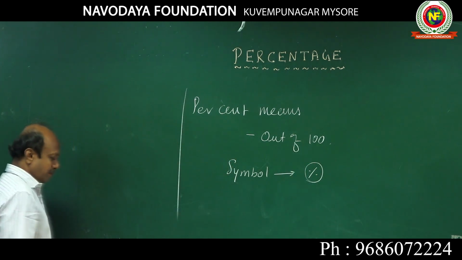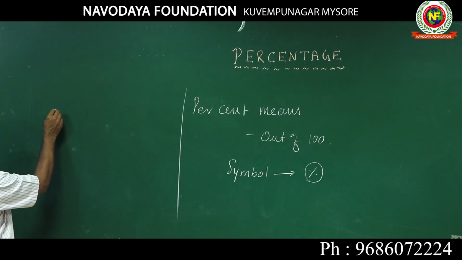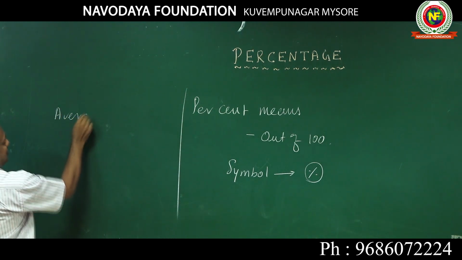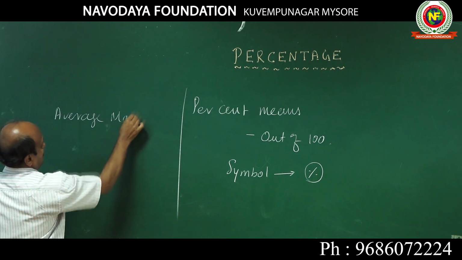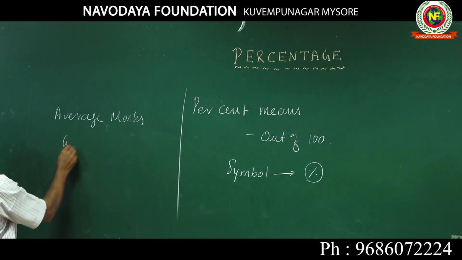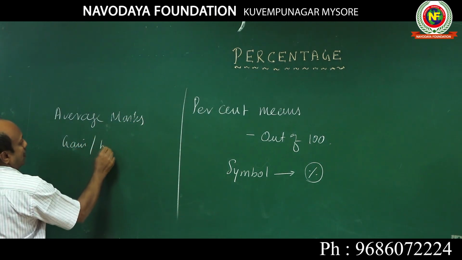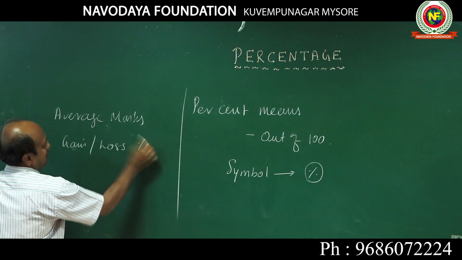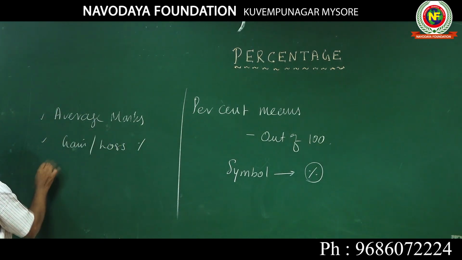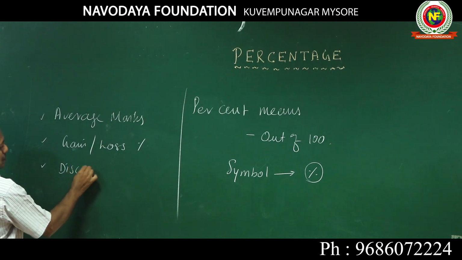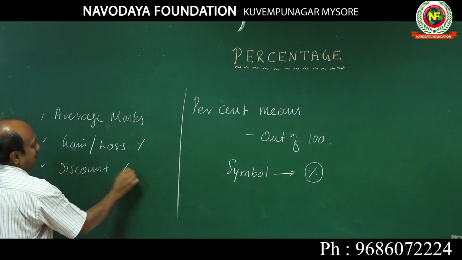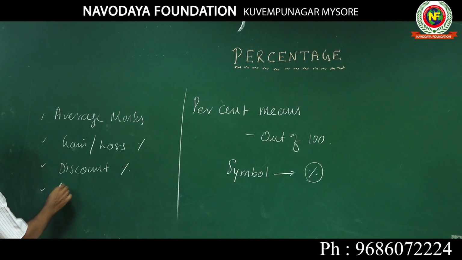So, which are the different places? Normally, students' average marks, gain or loss in terms of percentage, we call it as discount will be given in terms of percentage, right?